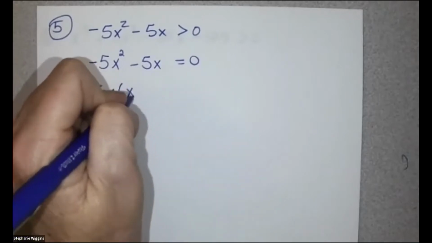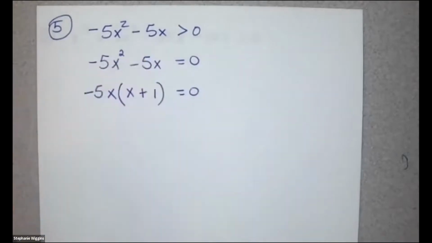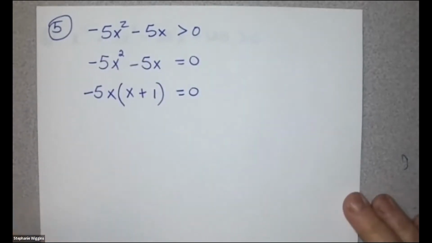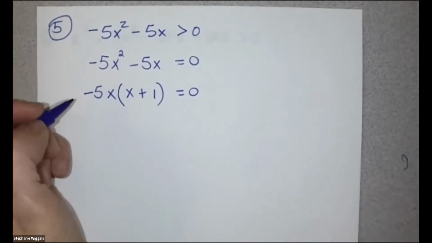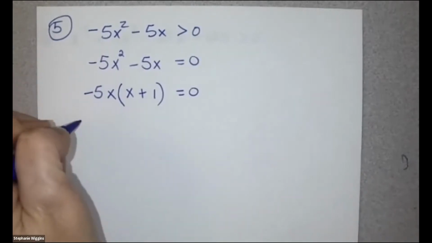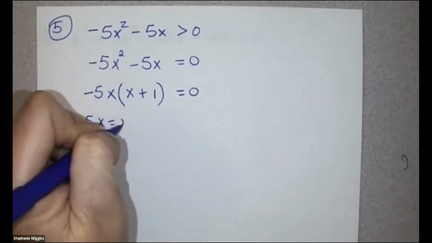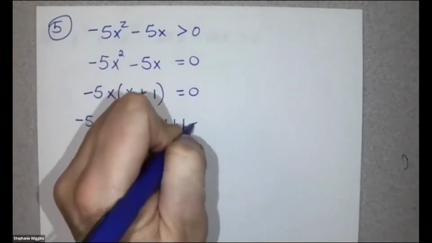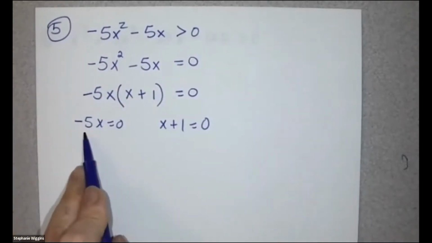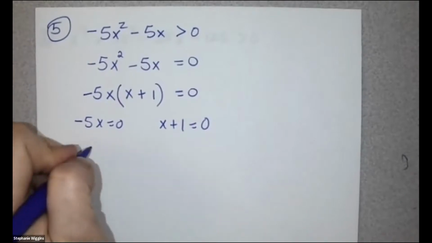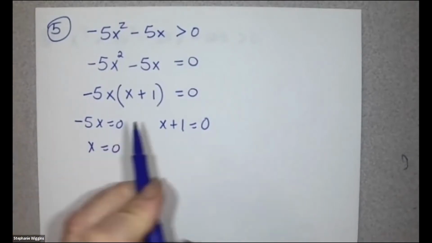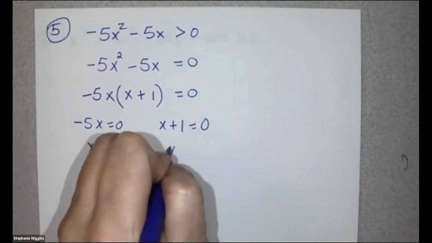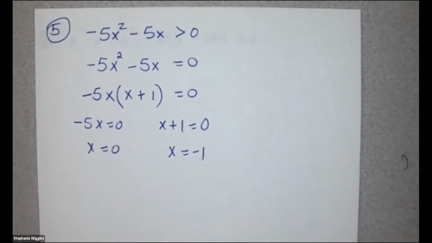And when I do that, I'm left with x plus 1. Setting -5x equal to 0 and then x plus 1 equal to 0, dividing out by -5 is just going to give me x equal to 0, and subtracting 1 from both sides, I'm going to get x equal -1. So these are my zeros.